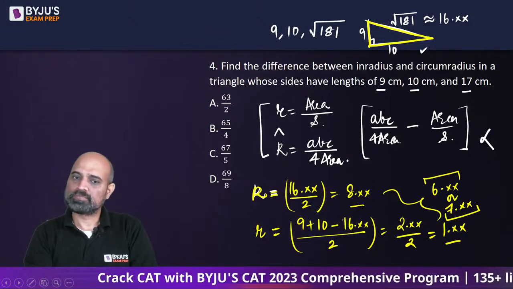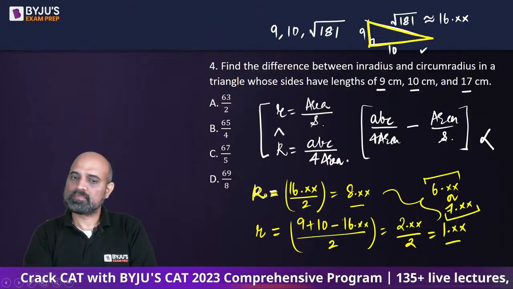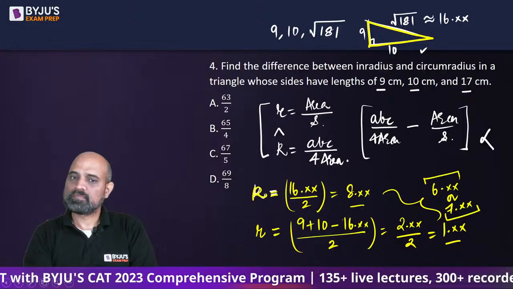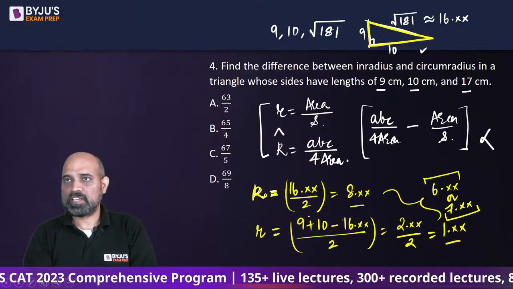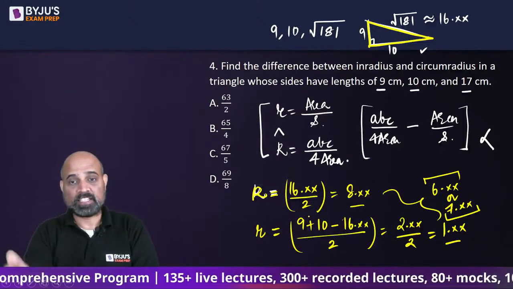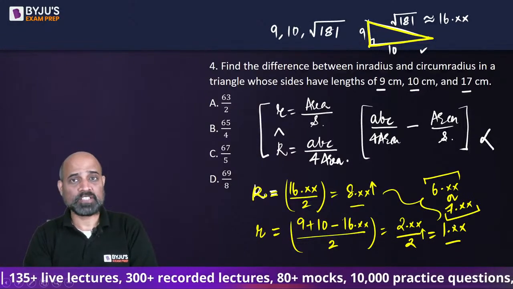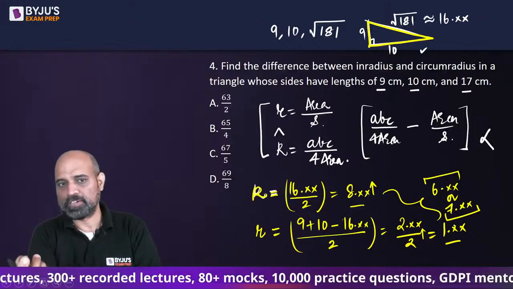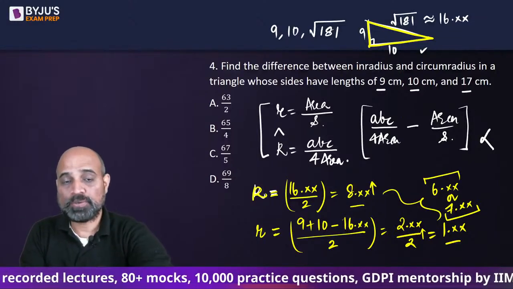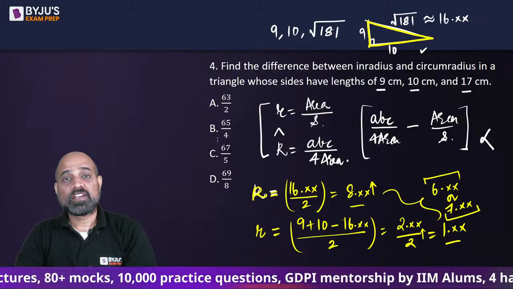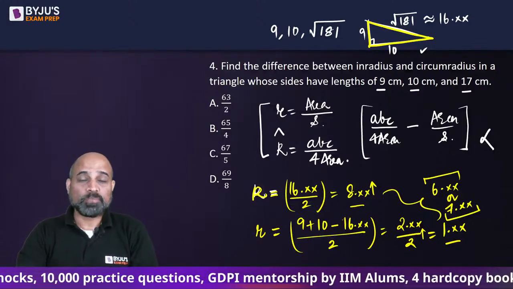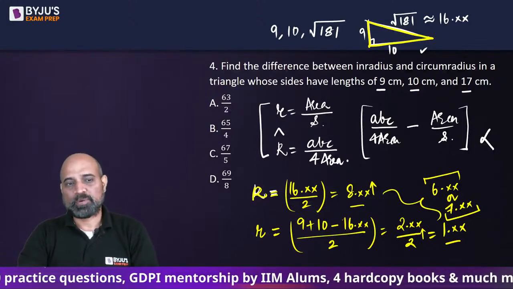Instead of 16 point something, वो 16 point something से ज़्यादा हो जाएगा. So this will also increase a bit. This will also increase a bit. The difference is going to increase by a minute value. So all we need to do is find out which of the given options is going to be closest to 7 point something or 8 point something, right?